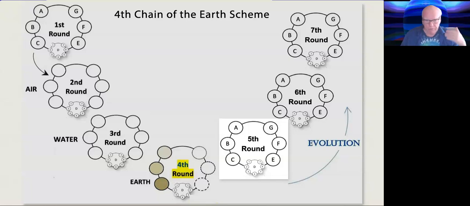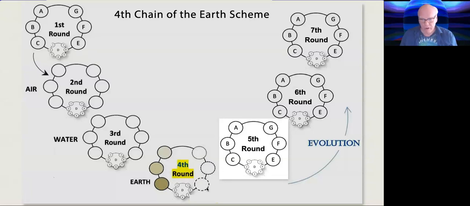This will obviously be a very, very long time from now, since it will encompass 3 globes made up of 23 more root races before we even get to the 5th round.